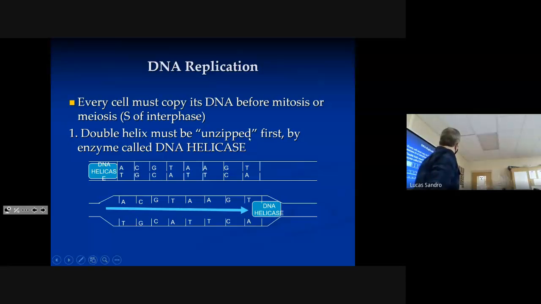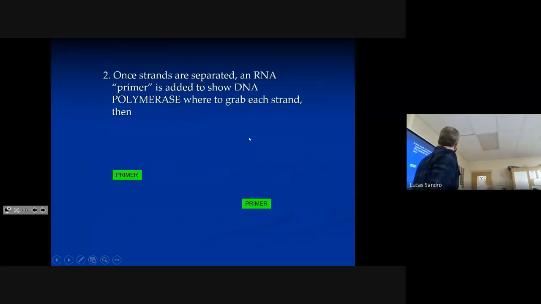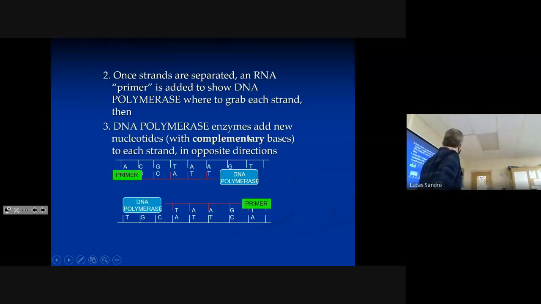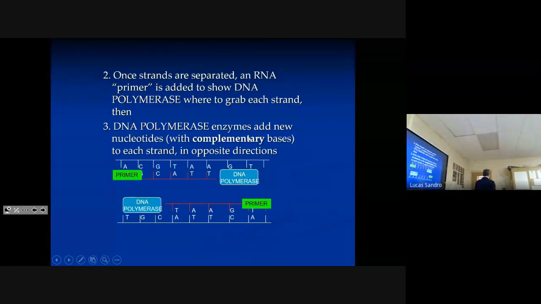So, first of all, the name of the enzyme now is called DNA polymerase. DNA polymerase has to be shown where to bind to the DNA by a small stretch of RNA called a primer. That's the green thing here. So DNA polymerase won't bind unless there's a little primer there to show it where to bind.